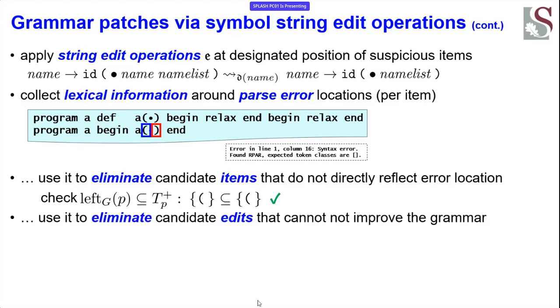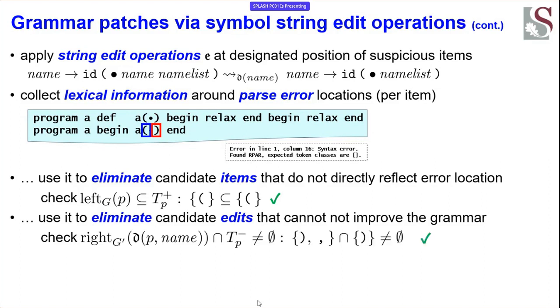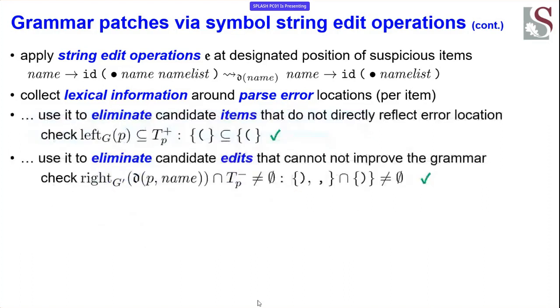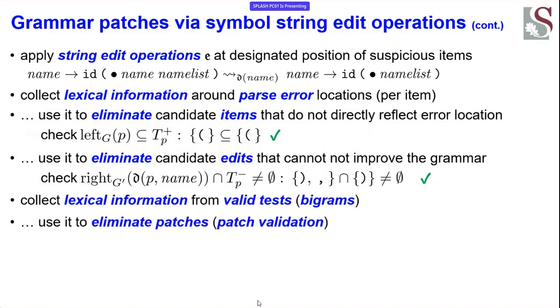We check that the candidate edit improves the grammar. So we check for a deletion that the right set is actually eating up one of the bad tokens, which is the case. And then we do our patch validation. And in this case, that works as well.